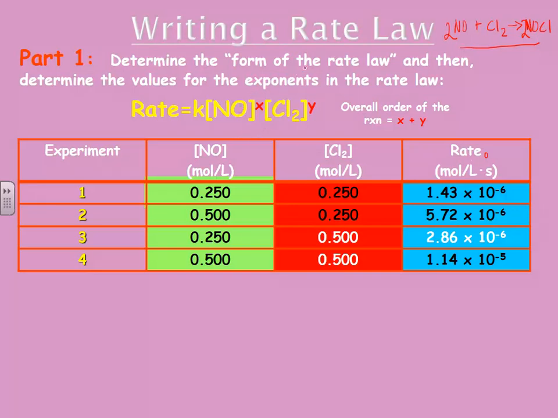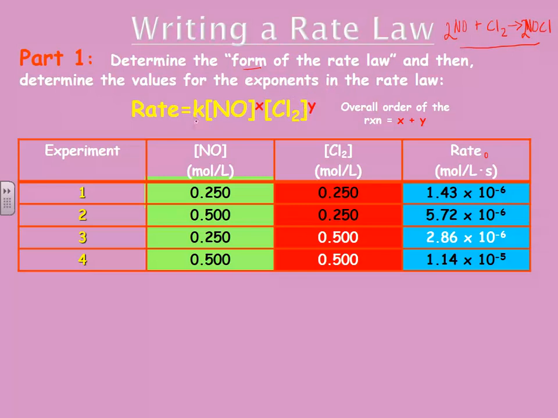The first thing you've got to do is write the form of the rate law. That means your exponents, your orders, are going to be, for now, letters that we have to solve for. Some books use n, m, and o, but the o looks like a 0 order to me, so I like to use x, y, z in my examples.